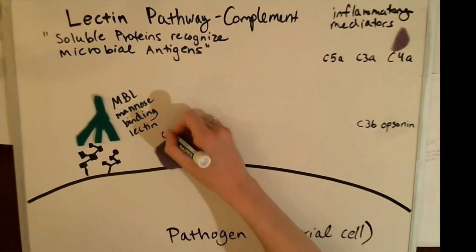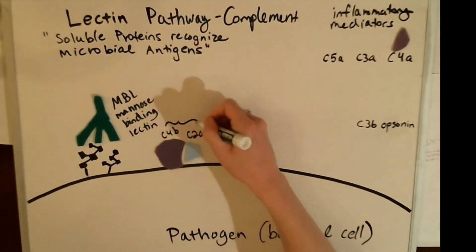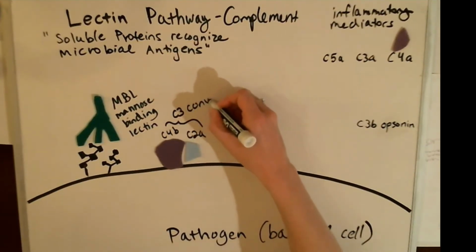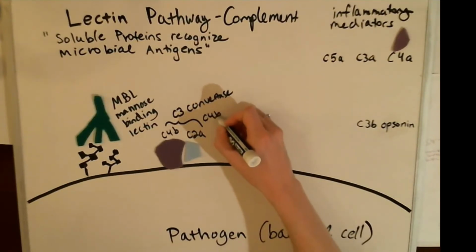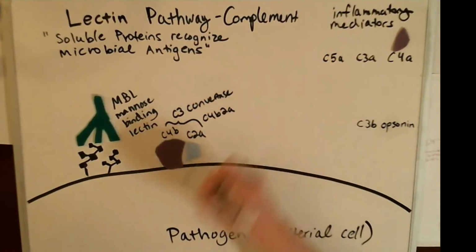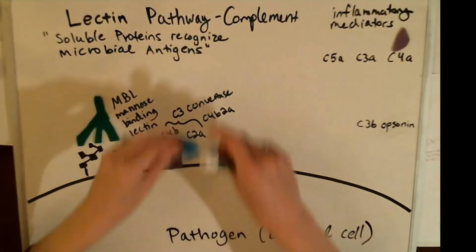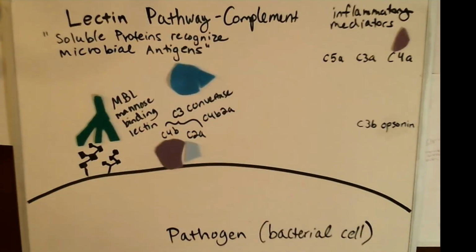So we've got C4b, C2a. This, if you recall from classical pathway, forms our C3 convertase, or you might just hear it referred to as C4b2a for short.